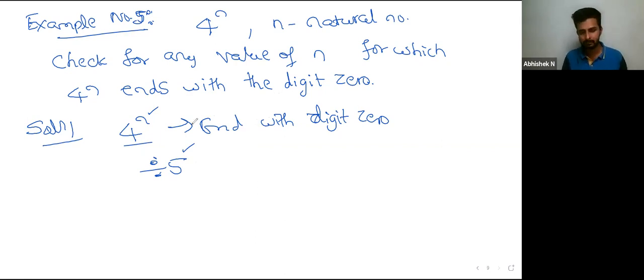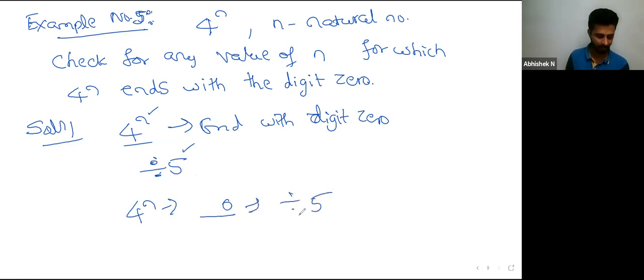So there should be only prime numbers by which it can be divided, and the prime factorization of 4^n would contain the prime 5. This means if 4 to the power n ends with the digit 0, it would be divisible by 5.